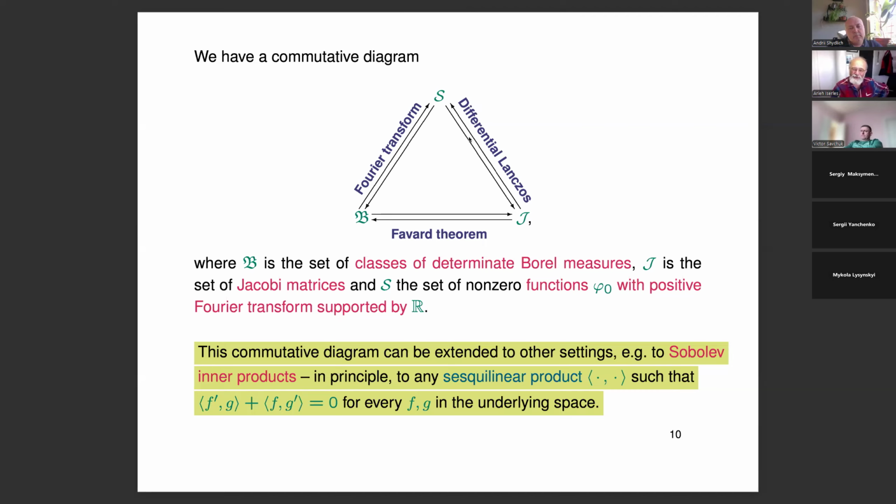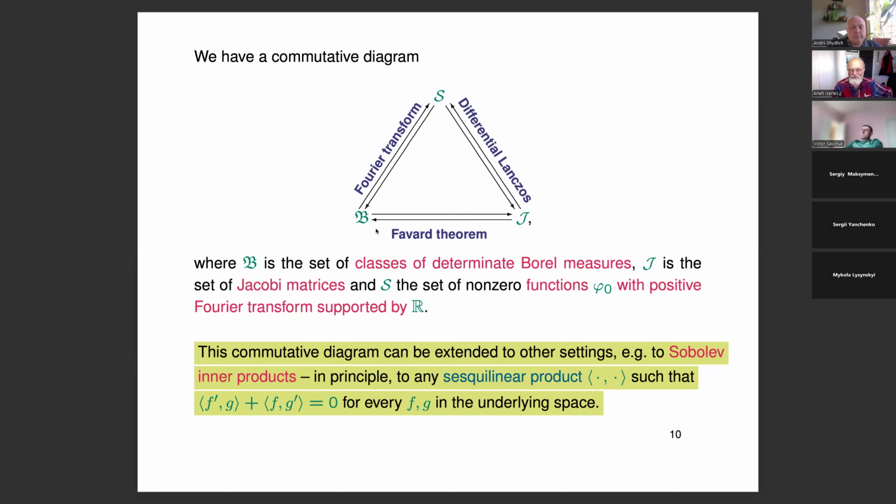And we have the following commutative diagram. Fourier transform allows us to travel between the seeds and the Borel measures, and this is the measure-theoretic definition of T-systems. The differential Lanczos allows us to travel between the coefficients B and C and the seed.